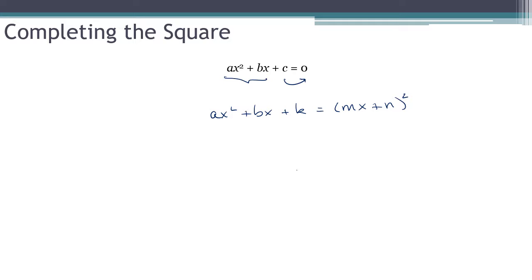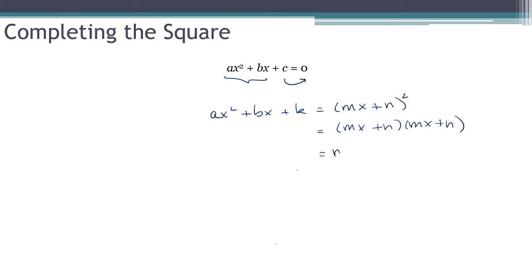All right, so first I want you to keep clearly in mind what our goal is here. I'm trying to find k. I want a formula for k that uses just a's and b's, because those are the numbers I know when we're looking at an actual quadratic equation. Okay, so here's what I'm going to do. I'm going to multiply out this right-hand side. This is (mx plus n) times (mx plus n), and I'm going to do a little FOIL thing here.